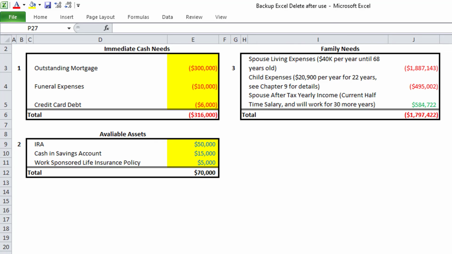So if we add these spouse living expenses and the child expenses, and then subtract out the spouse's earnings, and again, we subtract this out because the spouse will be able to use those earnings to offset the future financial obligations, we get a present value of future family needs of $1,797,422.